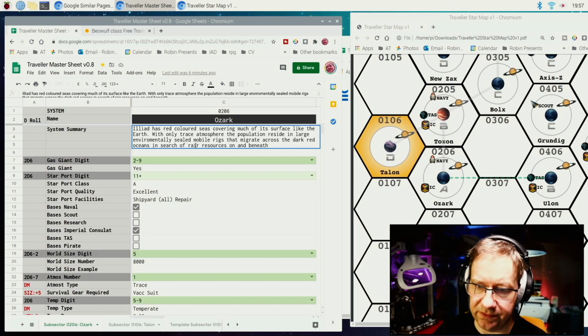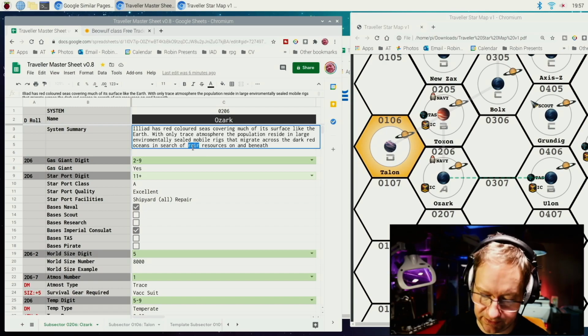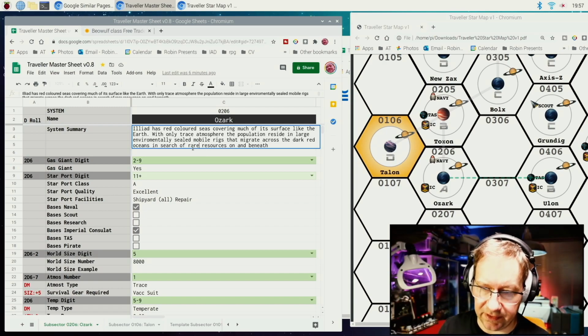Just call it mineral resources as well. And I've spelled rare like so bad. Rare mineral resources on and beneath the seabed.